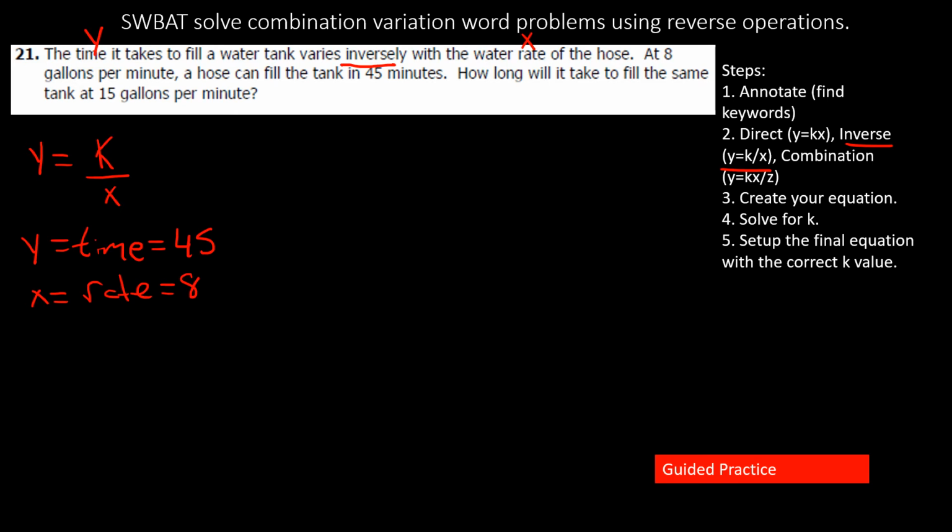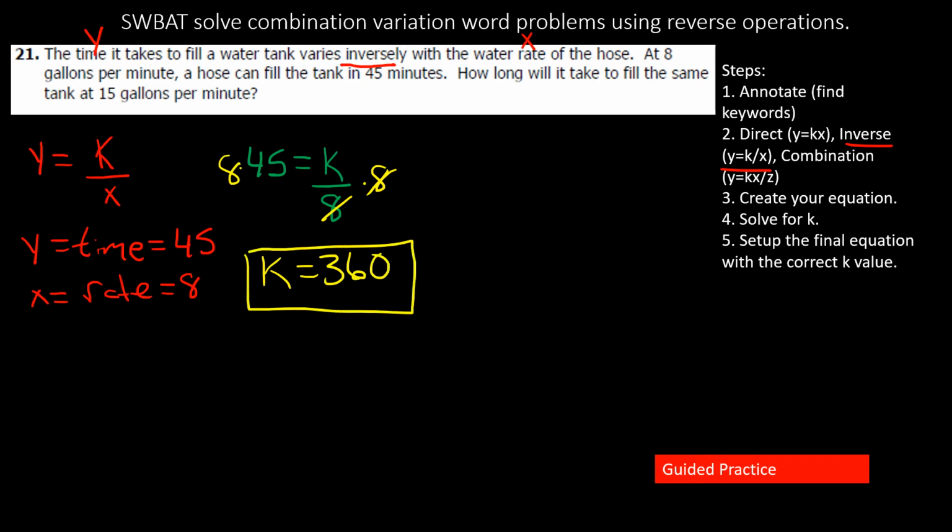So when I start setting this up, I'm going to say 45 equals k over 8. And I want to solve for k. To solve for k, what we're going to do is multiply both sides by 8. These simplify out, and I get that k equals, well, 8 times 45 would be 360.